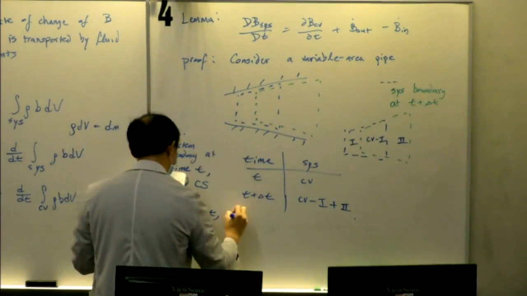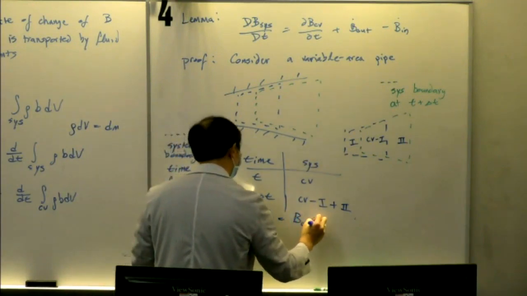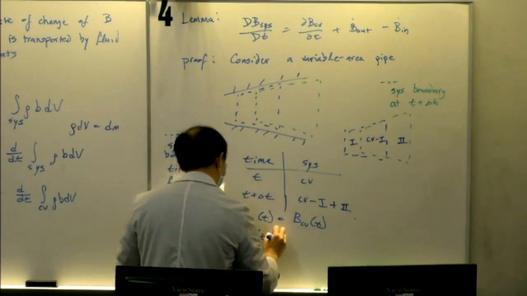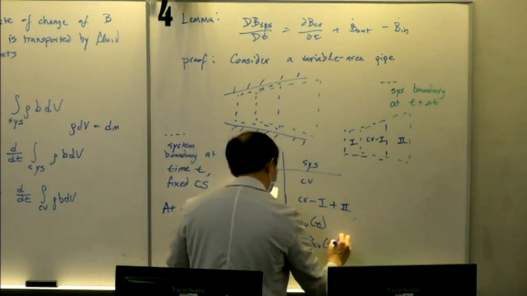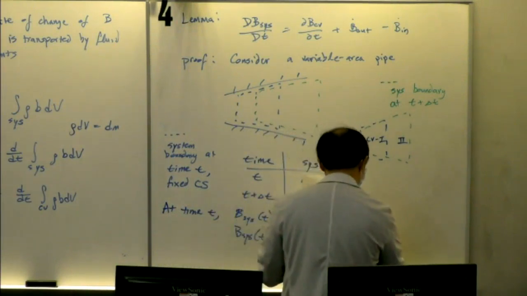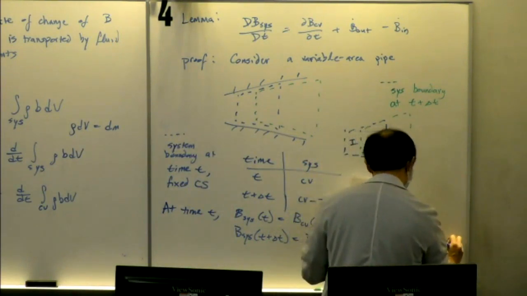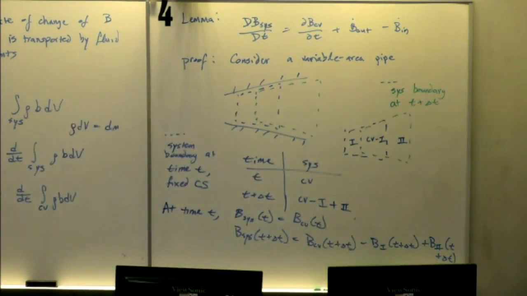So at time t, the system is equal to the control volume, and then at some small time step later, I'm basically using my control volume to tell me what my system's doing.